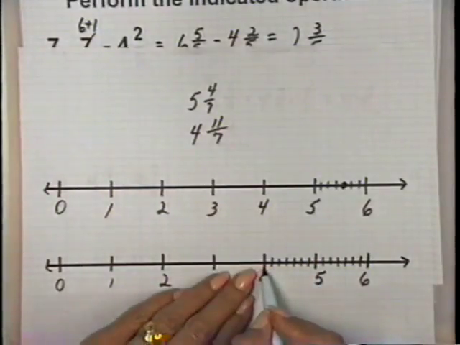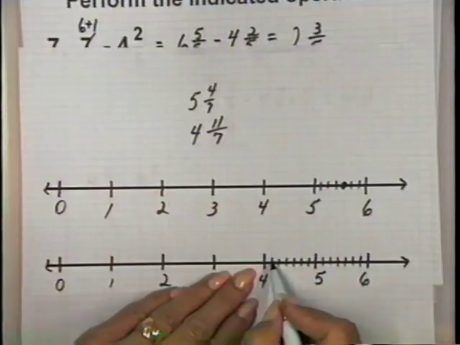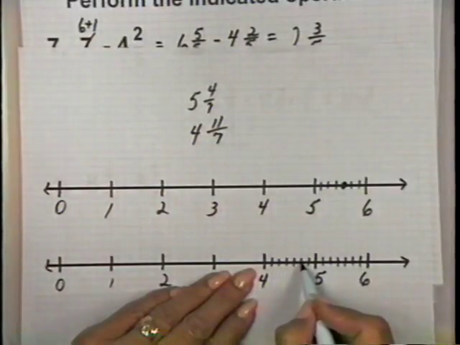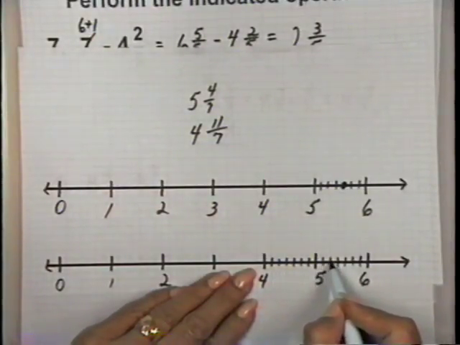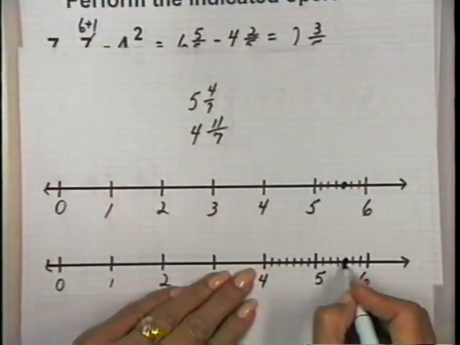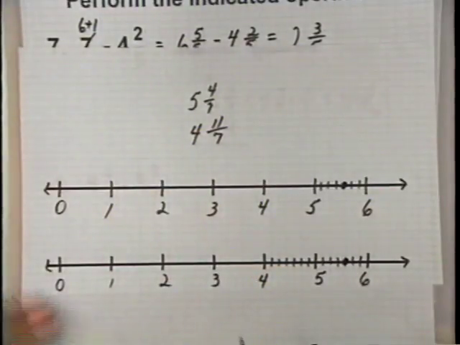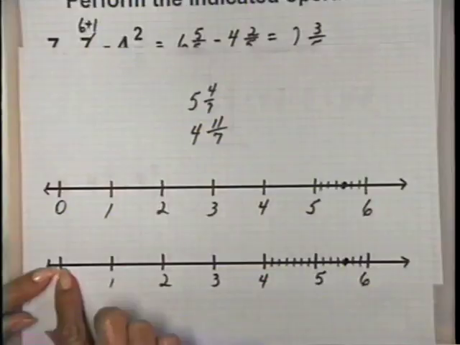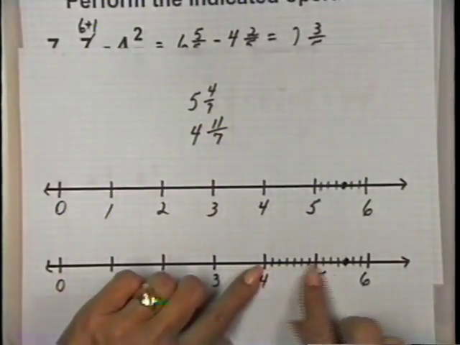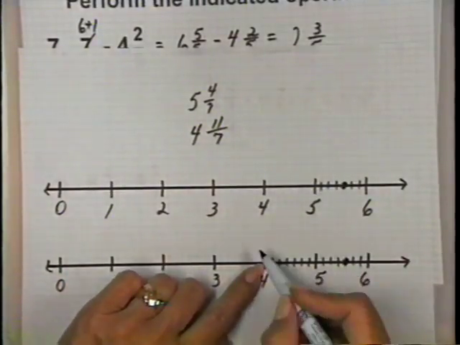So let's see, from the 4, let's move 11 sevenths. 1, 2, 3, 4, 5, 6, 7, 8, 9, 10, 11. Notice where it is. 4 and 11 sevenths.